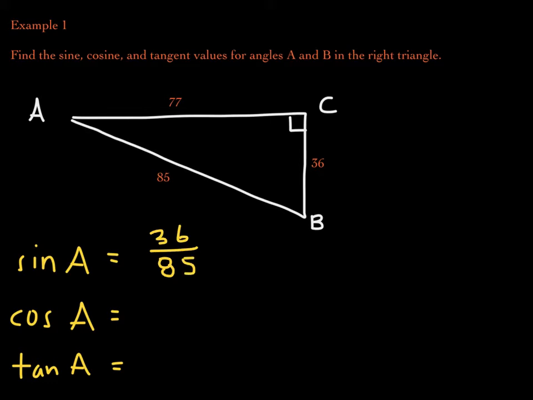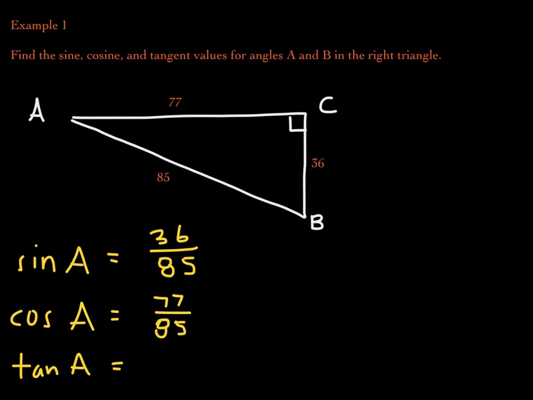Cosine of angle A will be the side that's adjacent. So it cannot be this side, everybody, because this is already identified as the hypotenuse. So this is not the adjacent side, it's this side. This is the adjacent side for angle A. So it'll be 77/85. Adjacent over hypotenuse, 77/85.